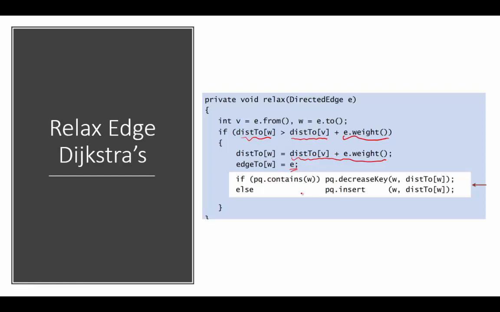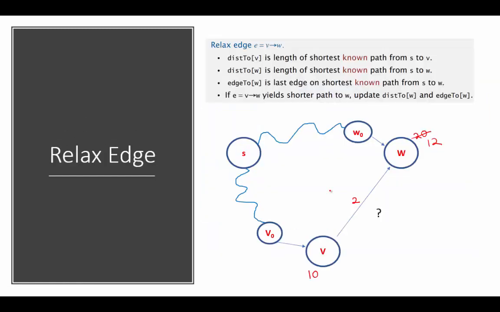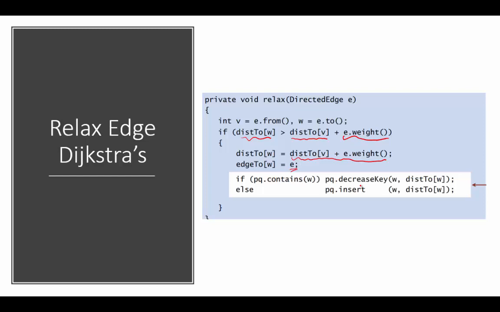And if the priority queue contains w, so w is still there, we decrease the key, so it's possible that entry can go up the priority queue because it got a new distance now. If it's a new one, then we insert it into the priority queue.